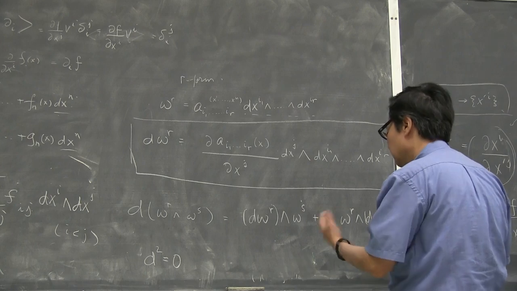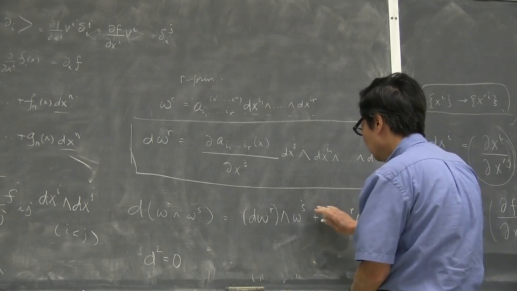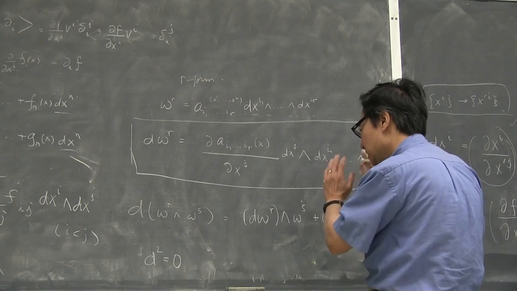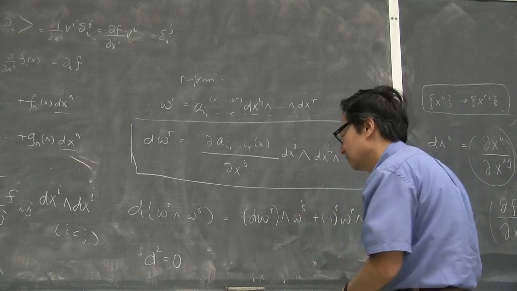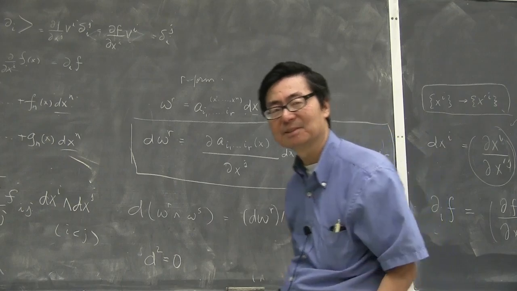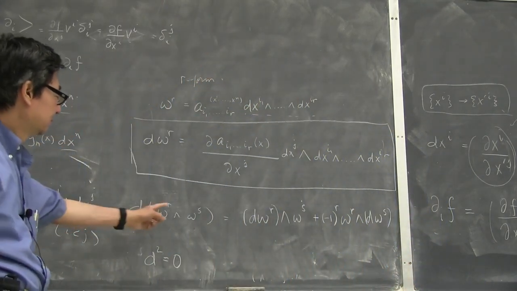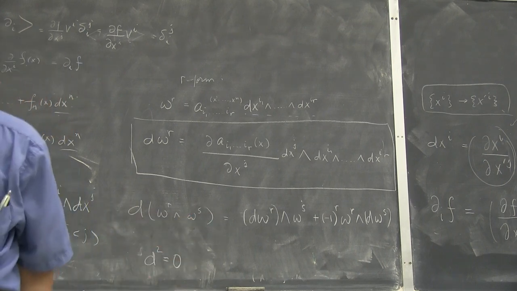This is a product rule. In ordinary differentiation, that would be it. But here, you have to add a factor, -1 raised to the order of the first one. The second one doesn't count. Doesn't matter what S is. This is the so-called product rule for exterior differentiation.